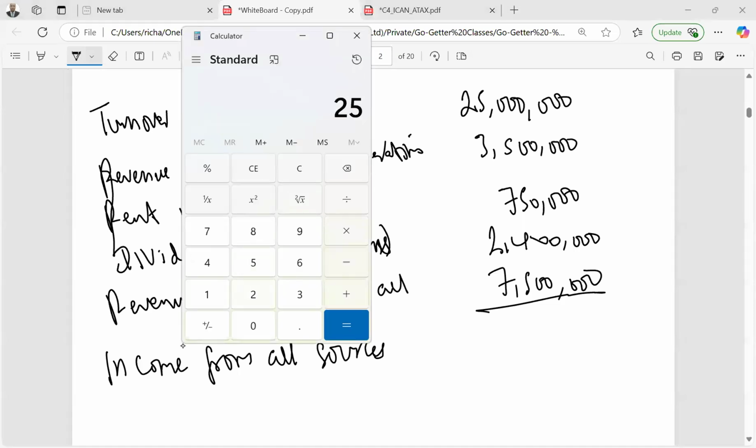I have 25 million plus 3.5 million, plus 750,000, plus 2.4 million, plus 7.5 million. That is 39,150.